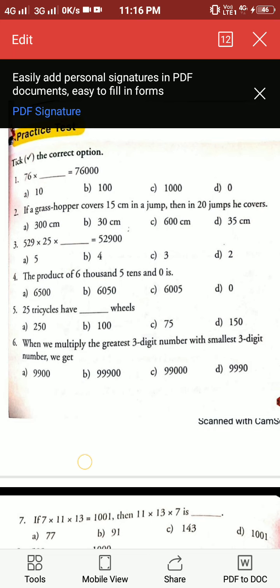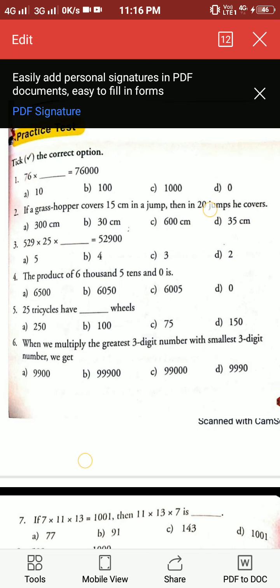Now next is, if a grasshopper covers 15 centimeter in a jump, then in 20 jumps he covers. Here the grasshopper covers 15 and they have given 20, it means 15 multiplied by 20. No need to do any calculation in rough work. You have to multiply in your mind only.